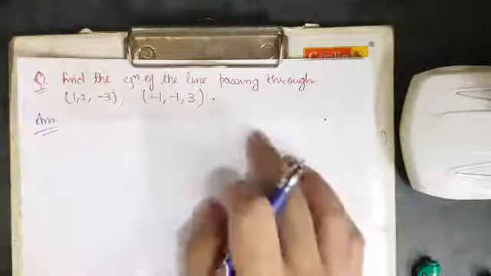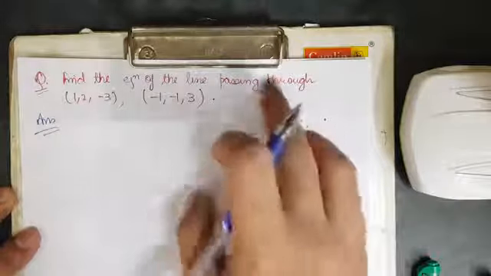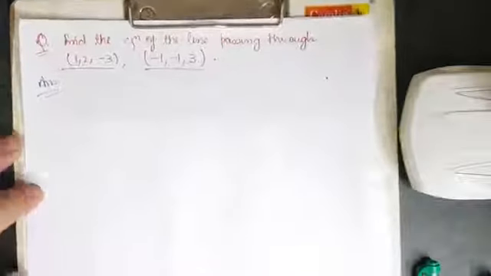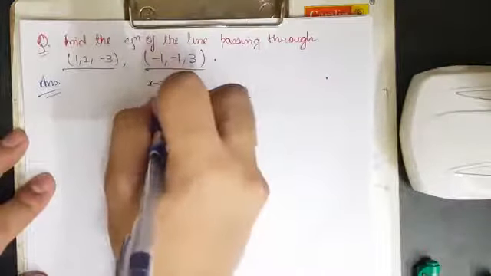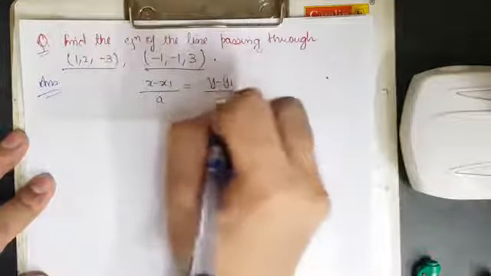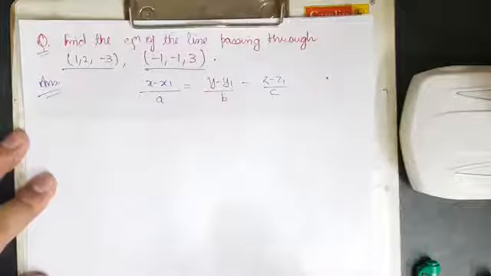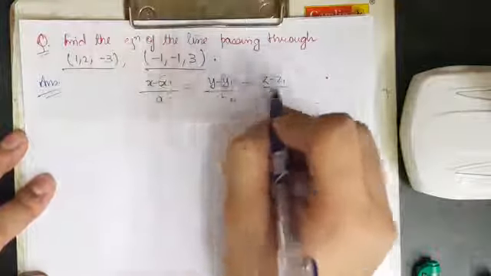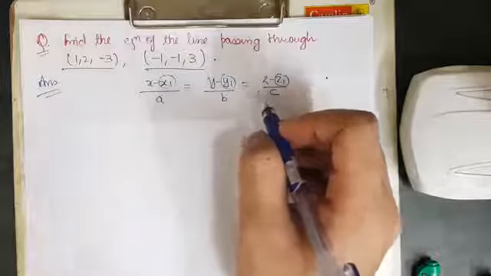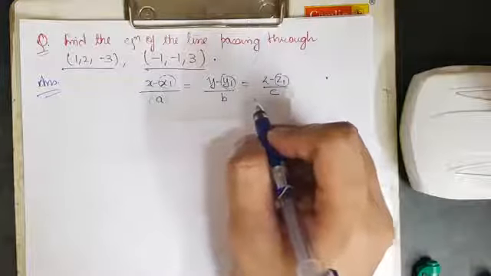So now let us solve a simple question on finding the equation of a straight line in the Cartesian form passing through these points A and B. So first of all, if you remember, the equation was written as x minus x1 upon A is equal to y minus y1 upon B is equal to z minus z1 upon C, where x1, y1 and z1 are defined as the points through which the straight line passes, whereas A, B, C are defined as the DRs of the parallel vector.